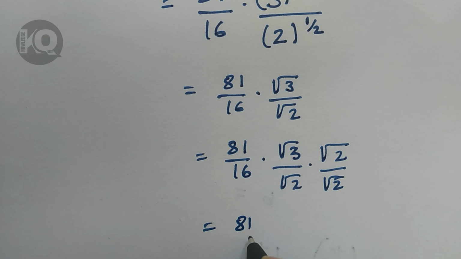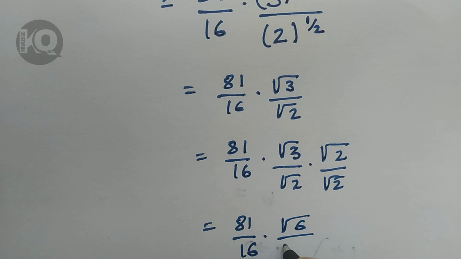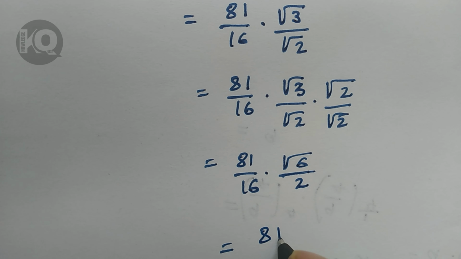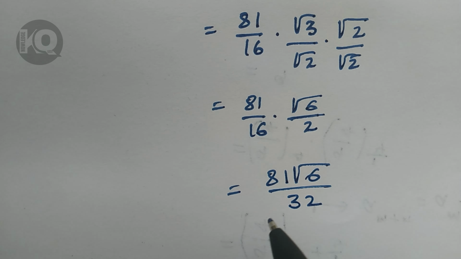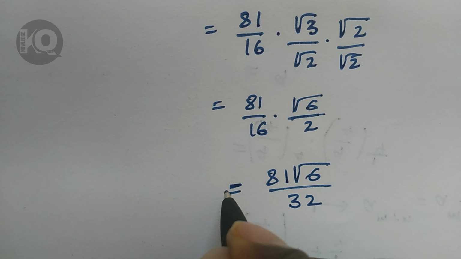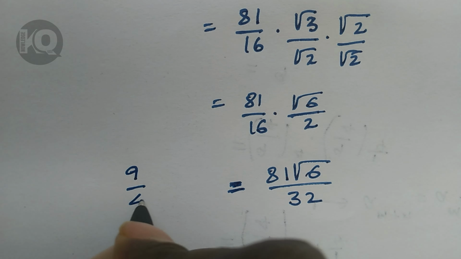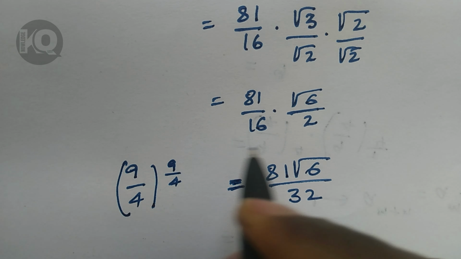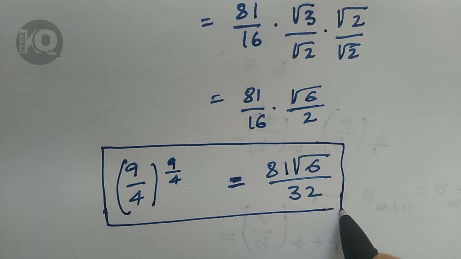Now 81 divided by 16 times this will be root 6 divided by 2, and finally 81 root 6 over 32 is the same as we have solved in method 1. So this (9/4) to the power of 9/4 can be simplified and it will be 81 times the square root of 6 divided by 32.